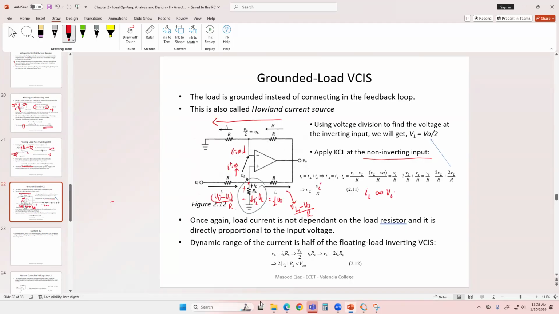Changing the value of the load resistor is not going to change the load current because it only depends on the input voltage. And again, that's one of the characteristics of this source. It's also called, by the way, the Howland current source. Grounded load VCIS is called Howland current source.